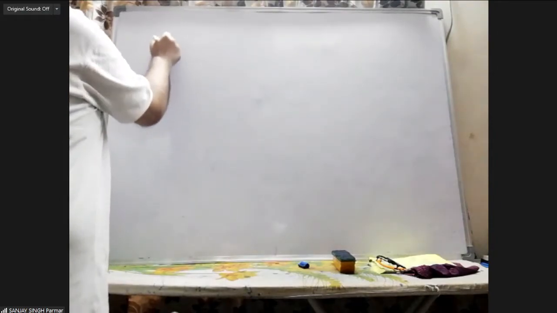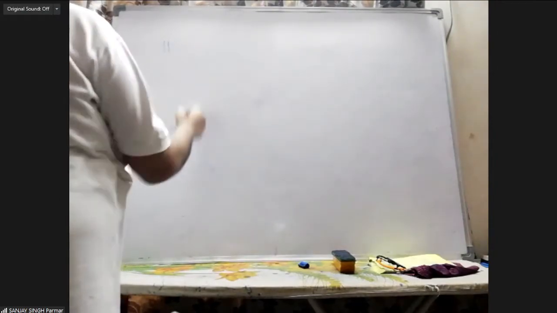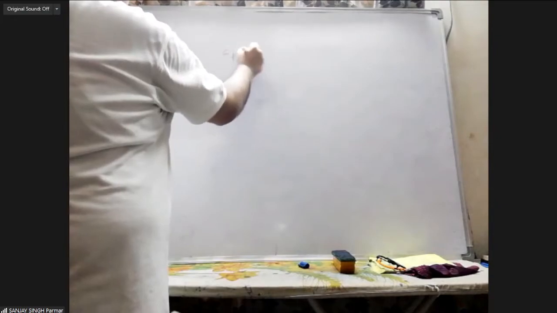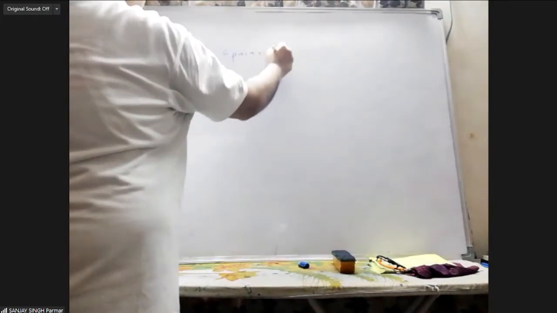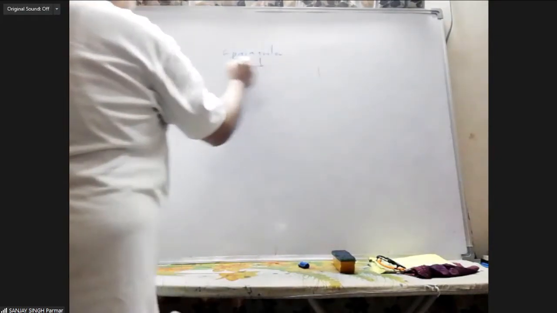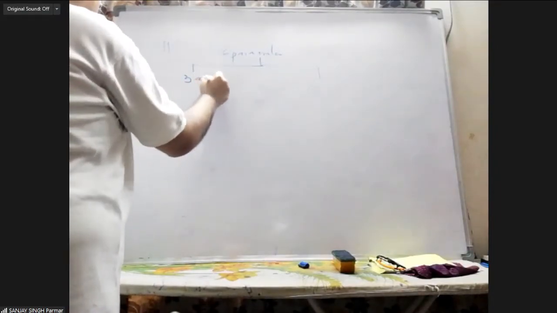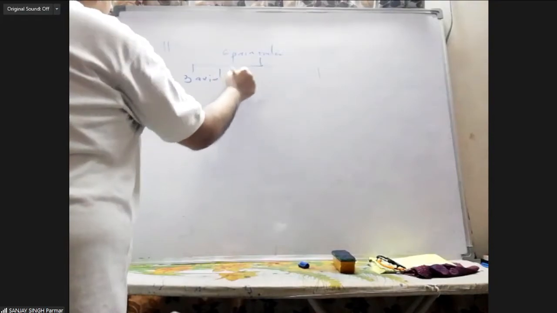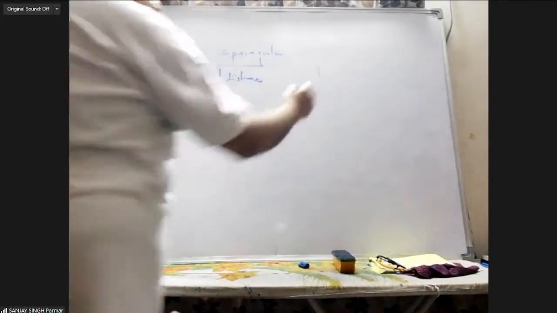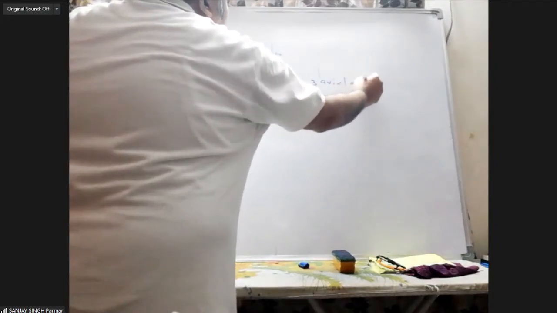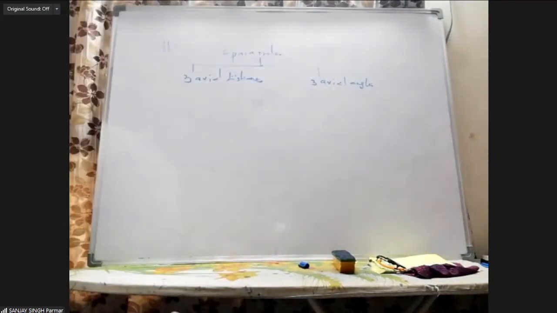Now I am entering the main topic. Whatever our unit cell is, a unit cell is characterized by 6 parameters. Out of 6 parameters, 3 are axial distances and 3 are axial angles.